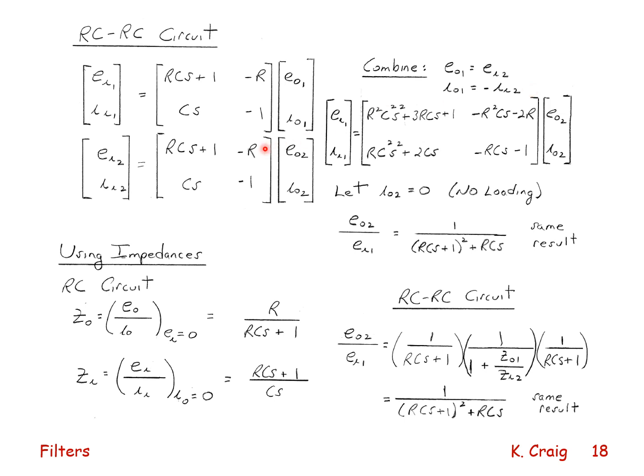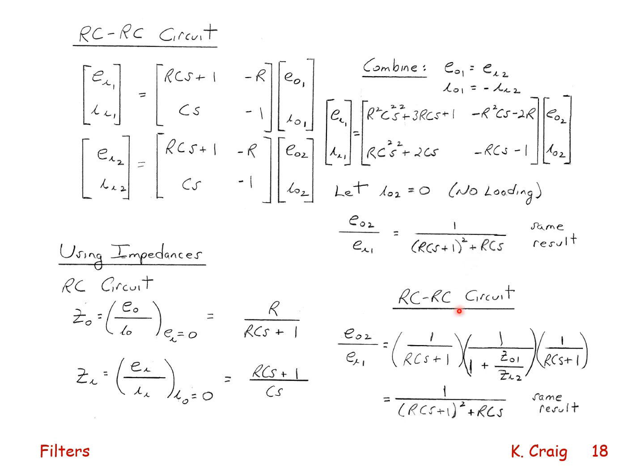If I then multiply these two matrices together, I get this result. And I find that since I out 2 is 0, because nothing is connected to the downstream RC low-pass filter, and I simplify and solve for E out 2 over E in 1, I get the same result.